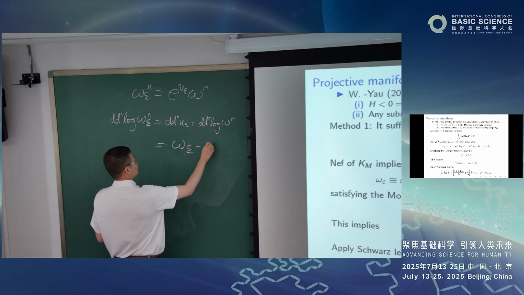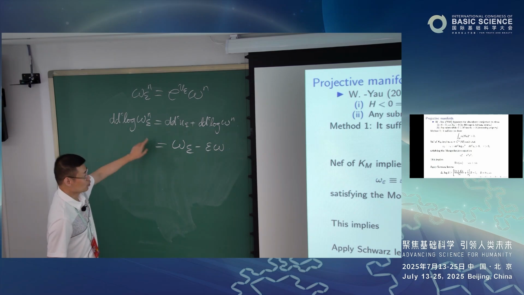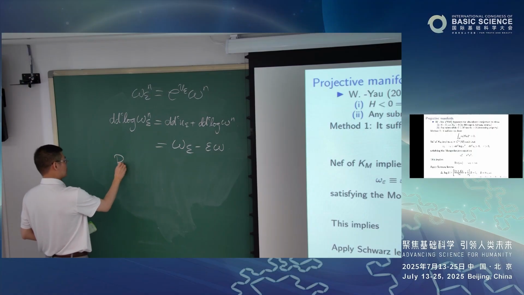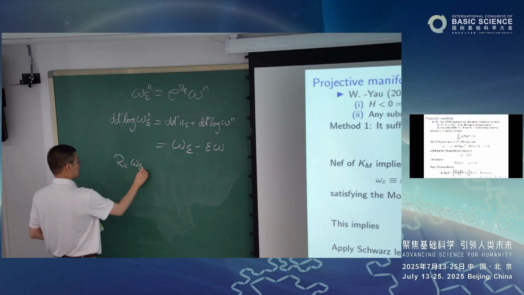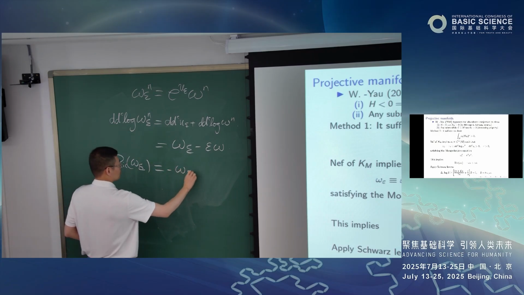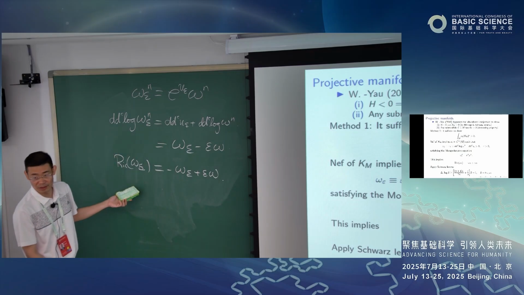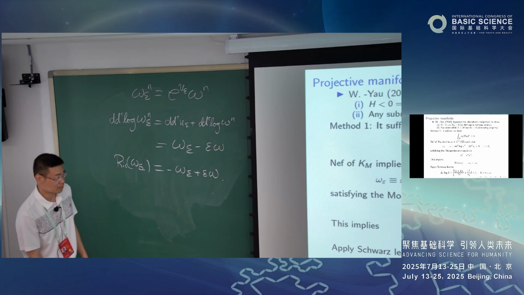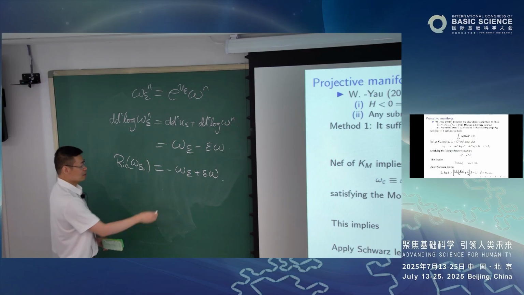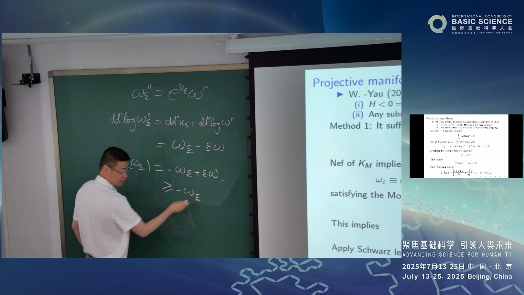So omega epsilon minus epsilon omega. Right. So what is the Ricci curvature? Ricci curvature is minus the sign of this. So you take minus sign. So that's a relation. So what's the good of this? Well, this means for this family, the Ricci curvature has a lower bound.